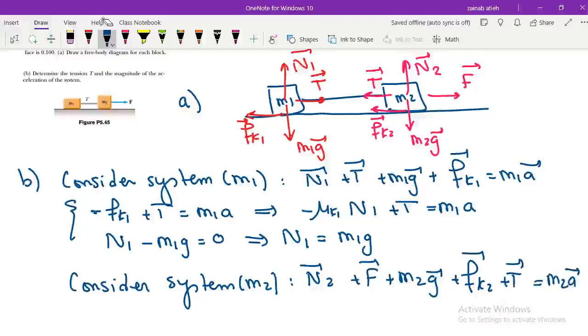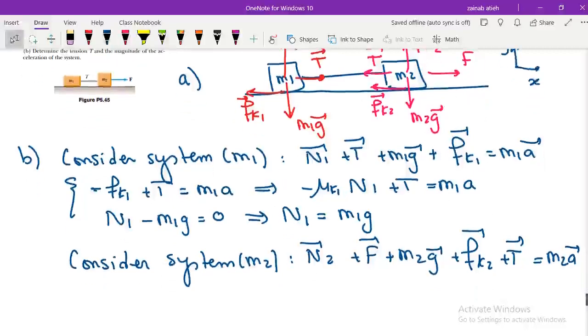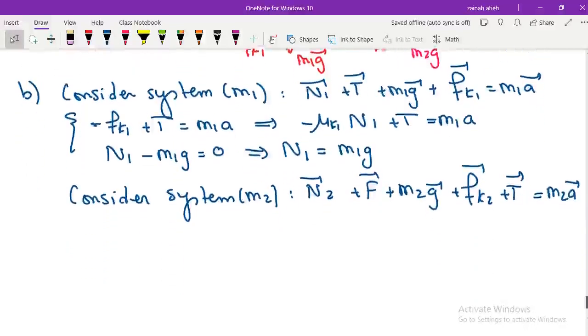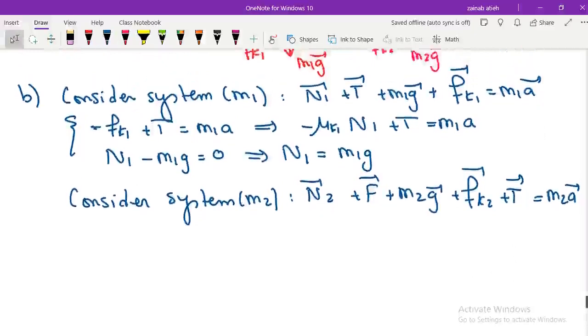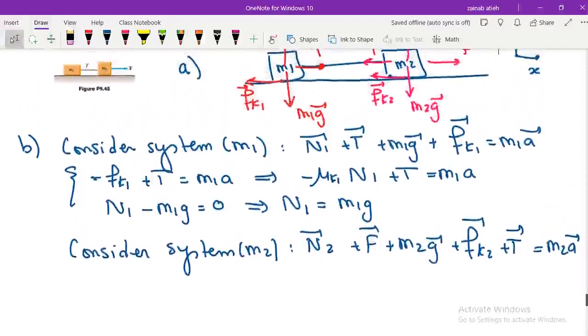So projection along x and y axes. Don't forget, I took the x axis along the motion, and the y axis perpendicular to the motion. I named the tensions the same in the rope because, as I explained, same rope same tension, when the rope is of negligible mass. So let's project along the x axis.